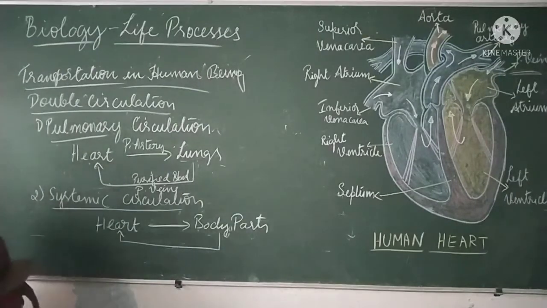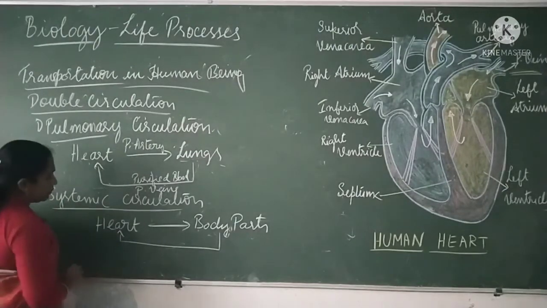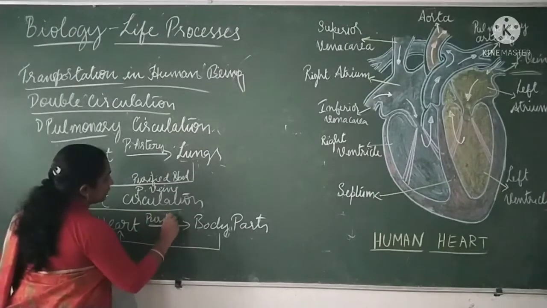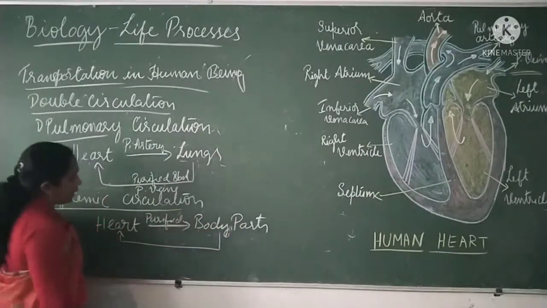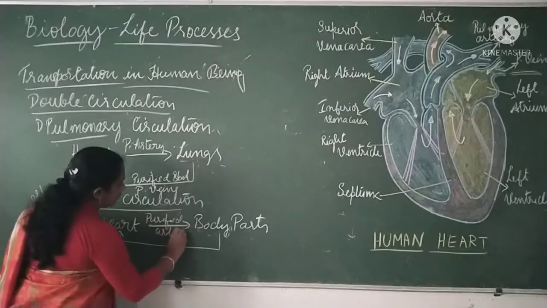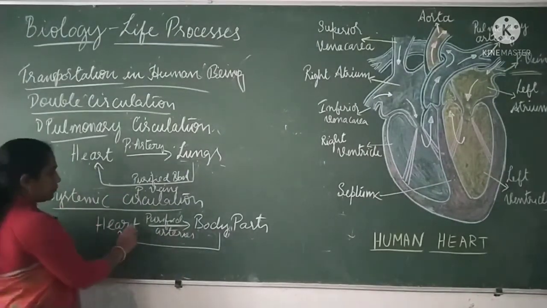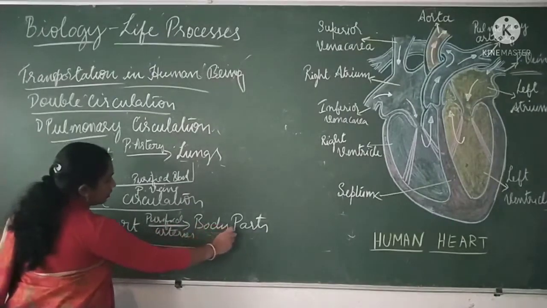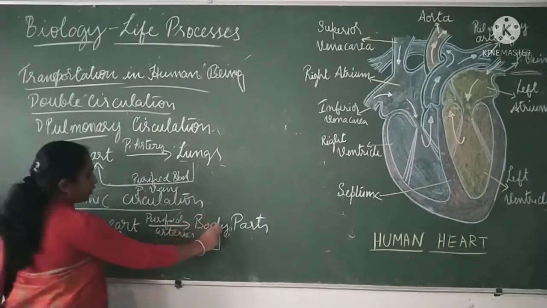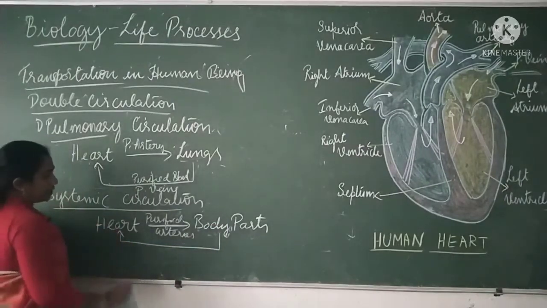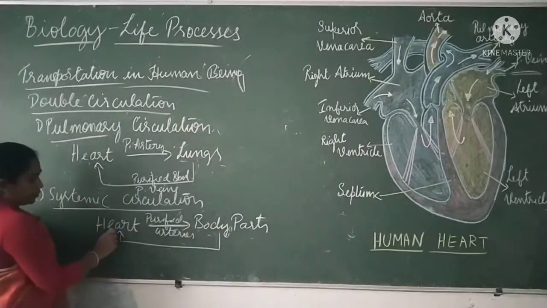Whereas in systemic circulation, the purified blood has reached the heart, so now the heart contains purified blood. That purified blood will be supplied to different parts of the body by the help of arteries, through the aorta and arteries. The purified blood goes to the body parts, and from the body parts in turn it brings back the impure, deoxygenated blood to the heart for purification once again.